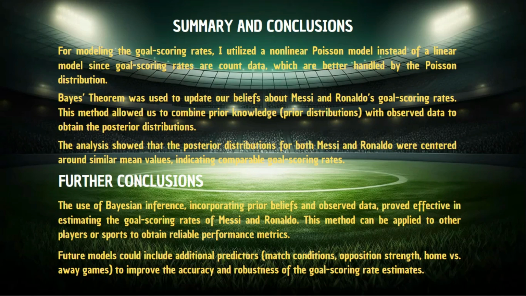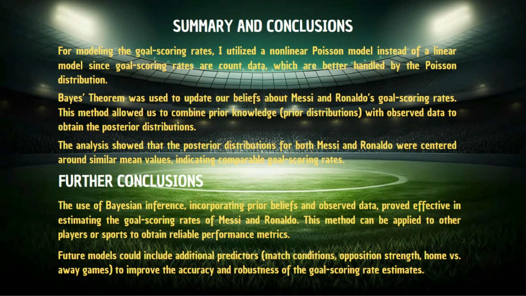And also with Bayes' theorem, I was able to update my beliefs about Messi and Ronaldo's goal scoring rates. This method allows me to combine prior knowledge, or prior distribution, with observed data to obtain the posterior distributions.